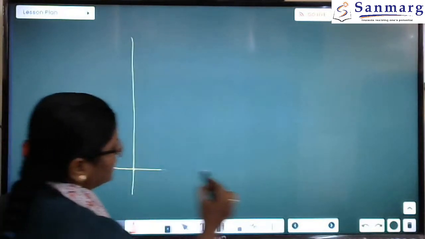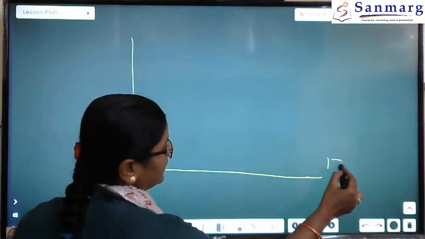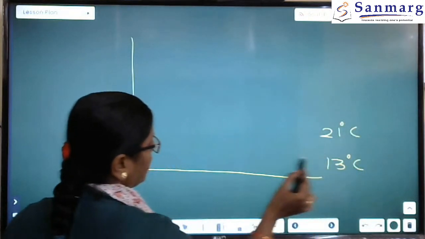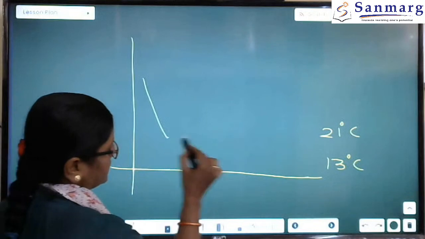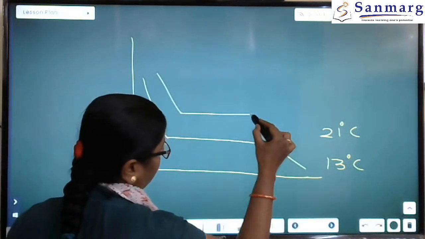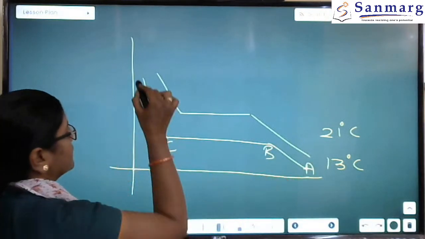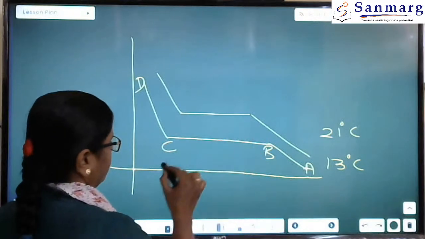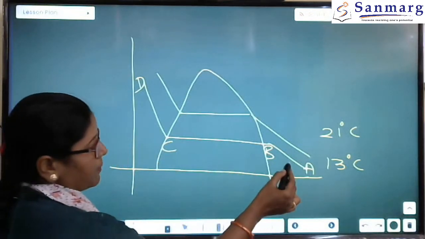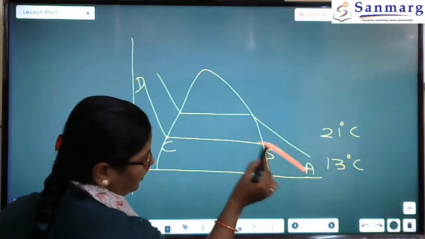When the temperature is low, at 13 degrees Celsius, 21 degrees Celsius, you have 3 parts like this: AB, BC, CD. This part exists in gaseous state.